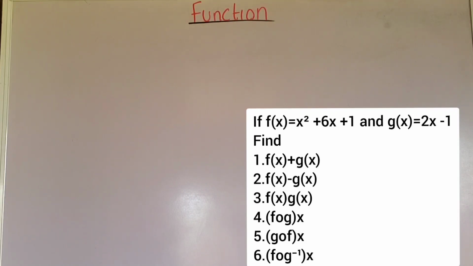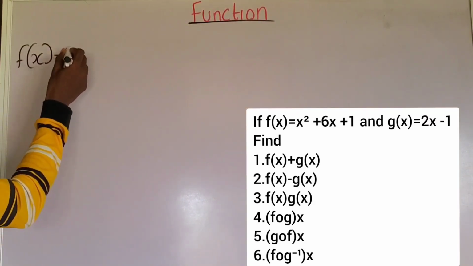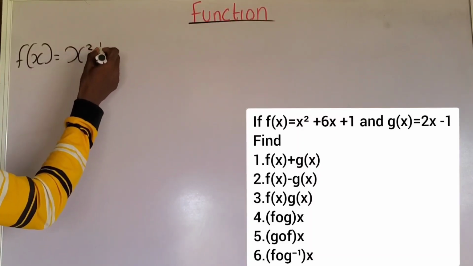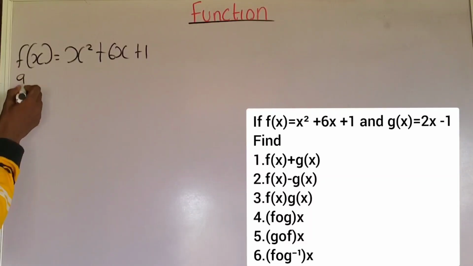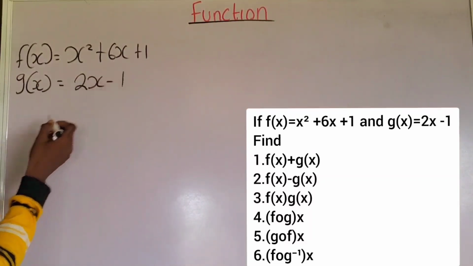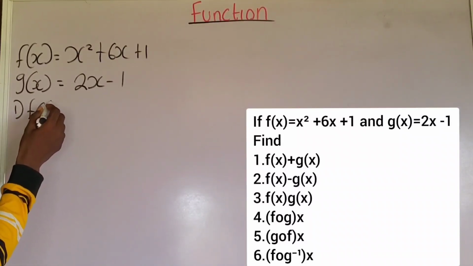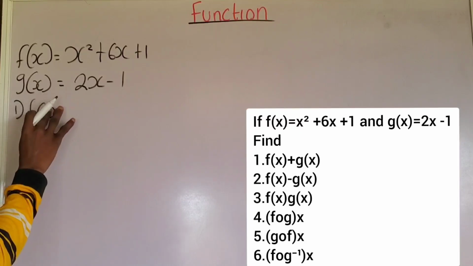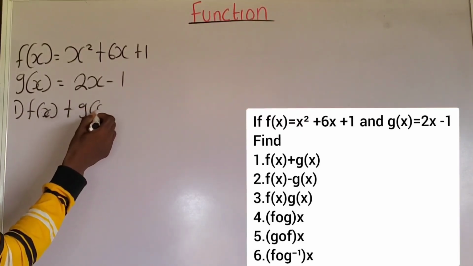Now, please pay attention. We are given that f(x) is equal to x squared plus 6x plus 1 and g(x) is equal to 2x minus 1. Then 1, we have f(x) plus g(x).